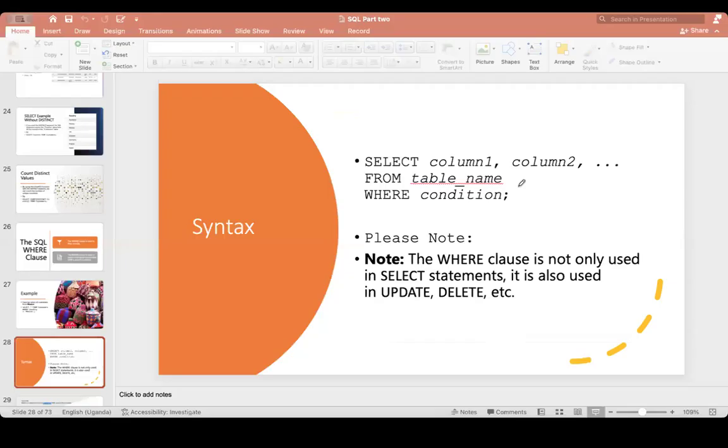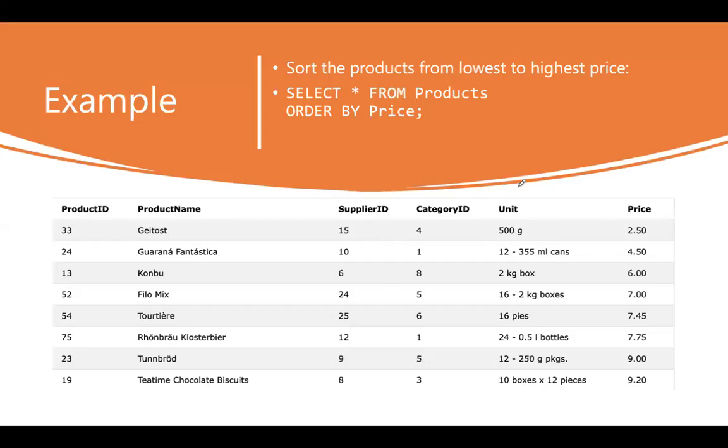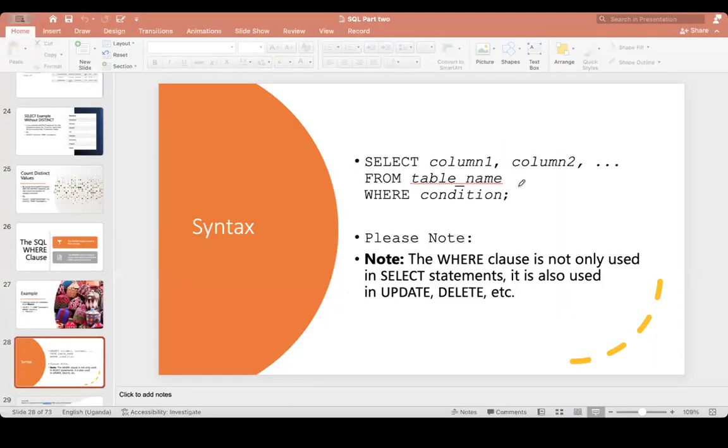The moment you say select all from products where price is less than 18, it is going to look at our table and pick out only those whose price does not go above 18. You get? So that is on that.